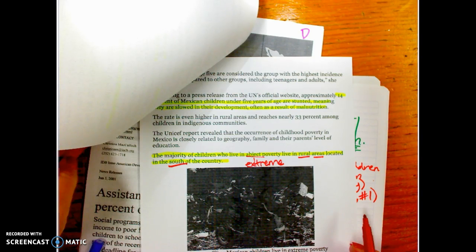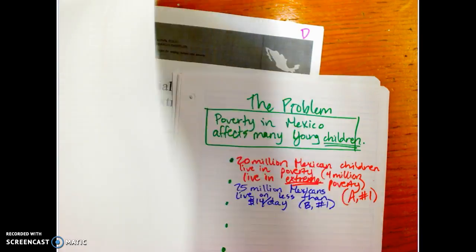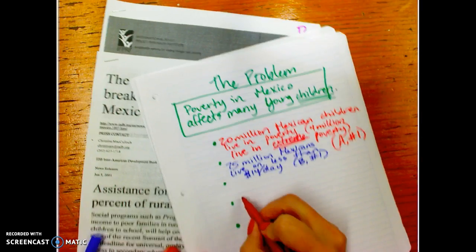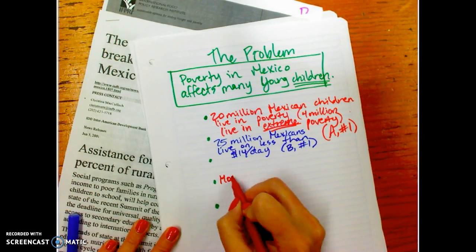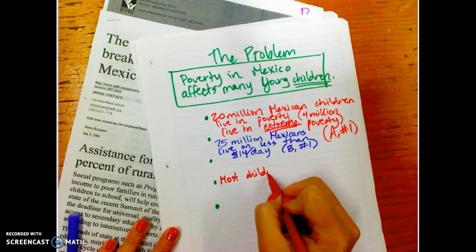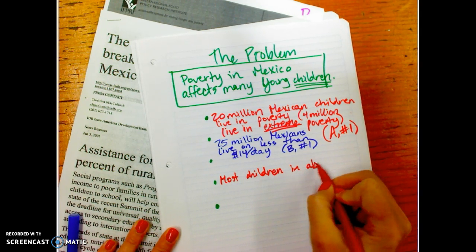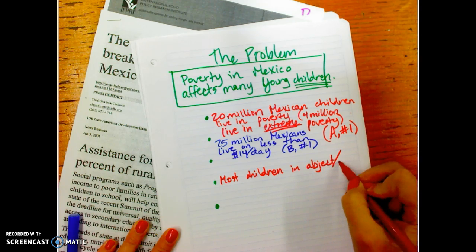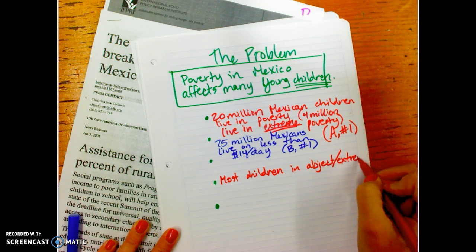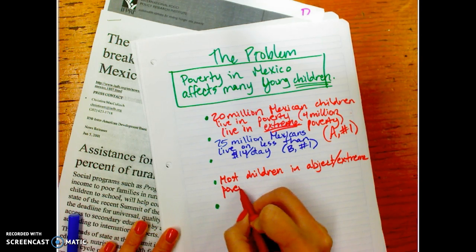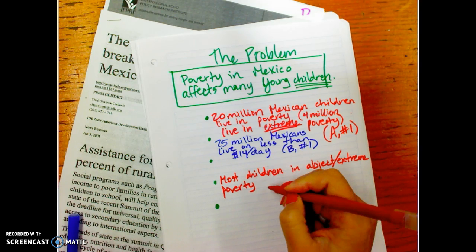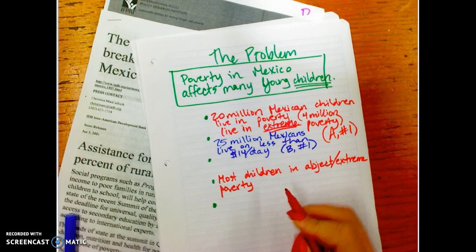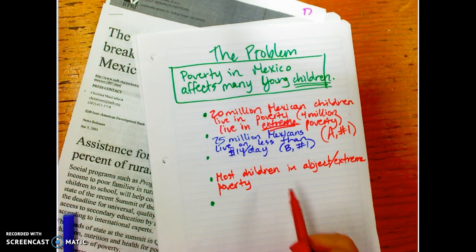So most children who are in extreme poverty, I'm going to put this down here. Most children in abject, which is extreme poverty. And I can jot this word for word because I will then later either quote it or rephrase it.